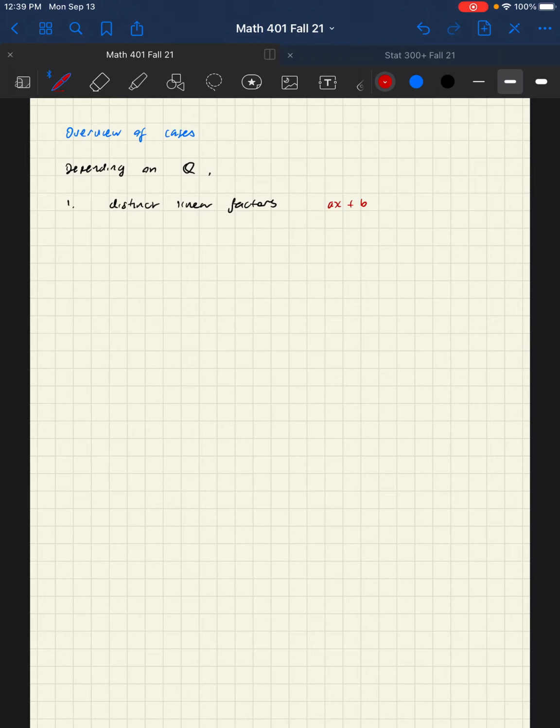We'll see some examples in a second, so don't worry. The point is that when we factorize Q into a product of distinct factors, these are the kinds of factors that we get, okay? Two, some repeated linear factors.